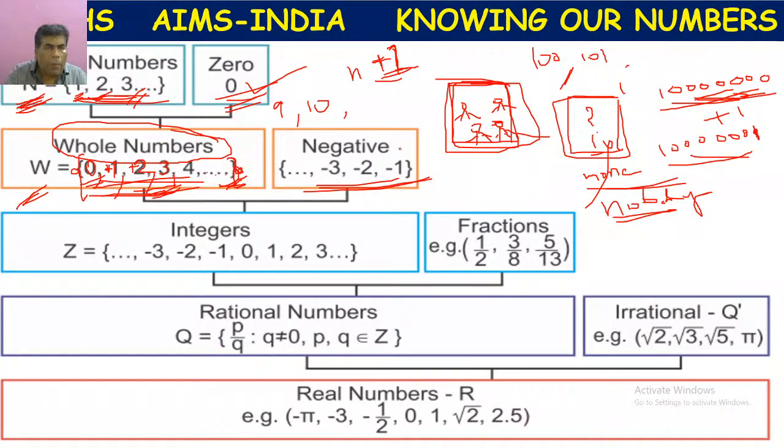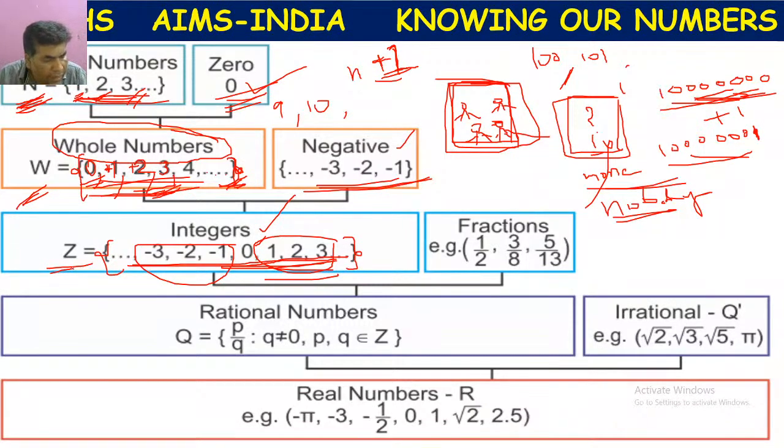These together framed another new set, consisting of 0 in the middle, positive numbers on the right hand side, negative numbers on the left hand side, and they formed it as a new set of numbers in curly brackets, which is called integers, and its symbol is Z.